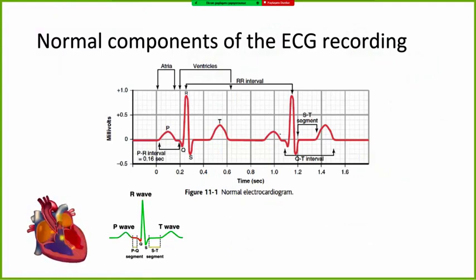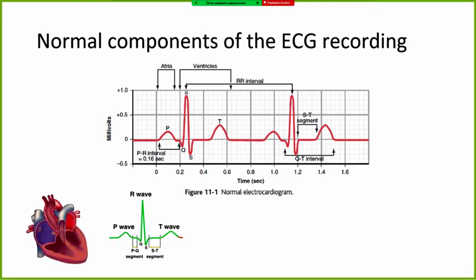So, in order to recap, these are the normal components of the ECG recording. The electrical activity starts from the sinoatrial or SA node, and the P wave is the atrial depolarization wave.